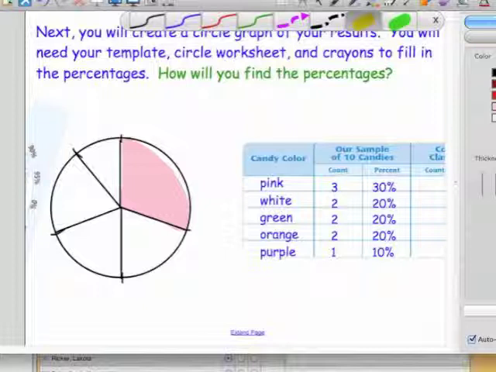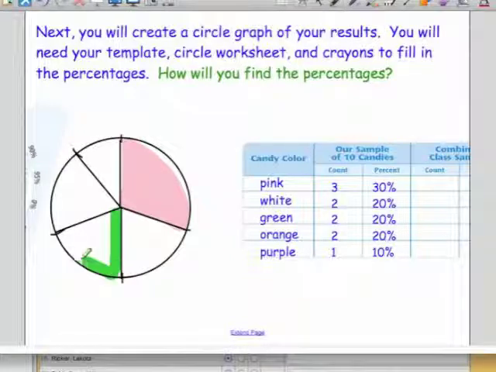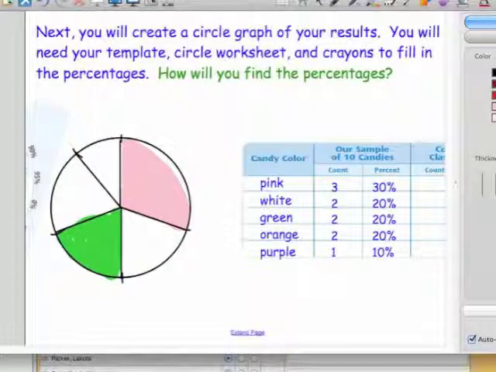Let's see, so I have green next. Green was 20%. Next I have orange, it's also 20%.